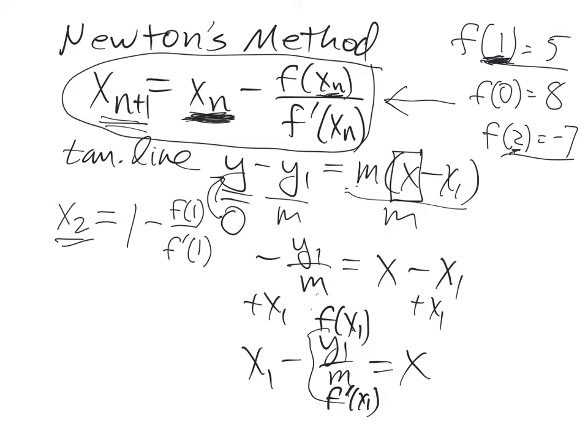So the main thing there again is remembering the formula. And then I will instruct you to continue the process until two successive approximations differ by some amount. Probably the 0.001 as I used on the worksheet.